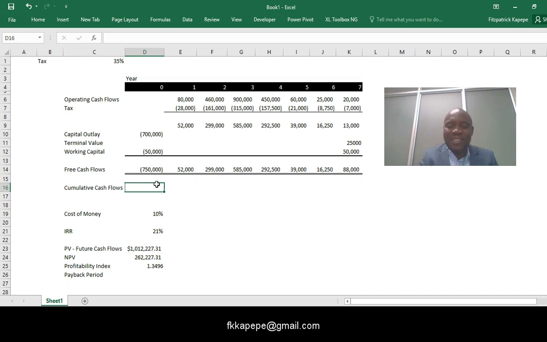The formula is very easy: equals sum, pick in year 0, colon, fix the other one, then you lock the first part. Copy.